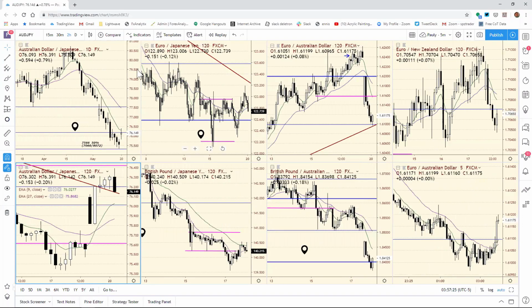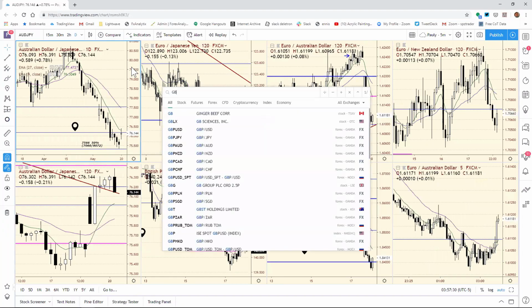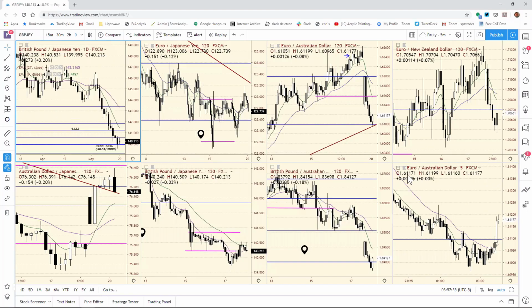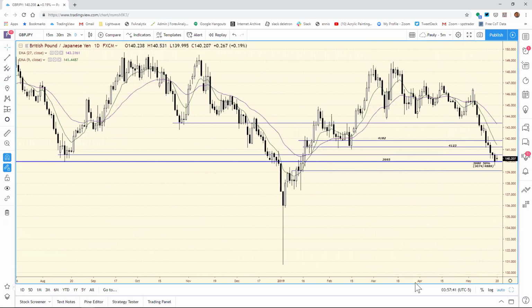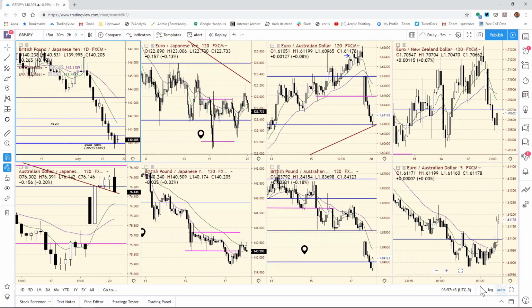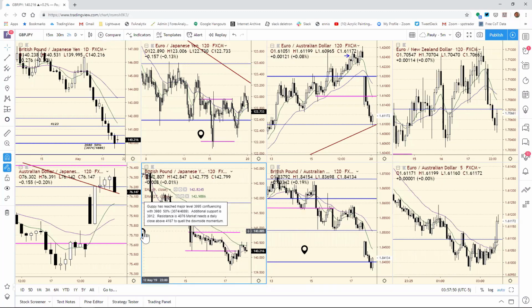And move into the guppy. This guppy has reached major level 39.95, confluencing with 39.80 to 50% of the move of 30.74 to 48.89.